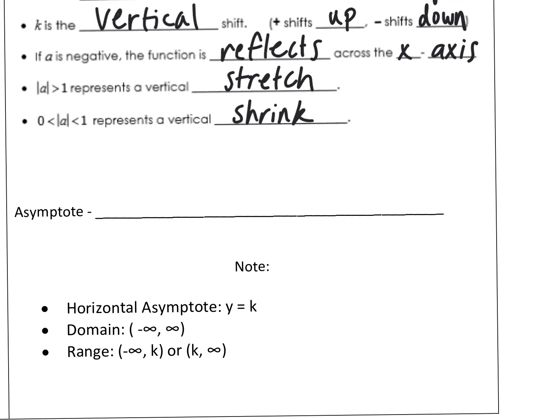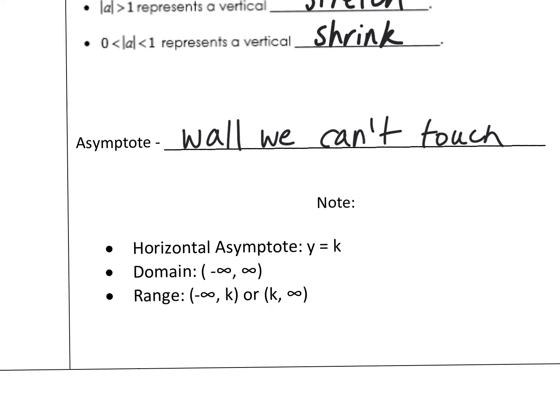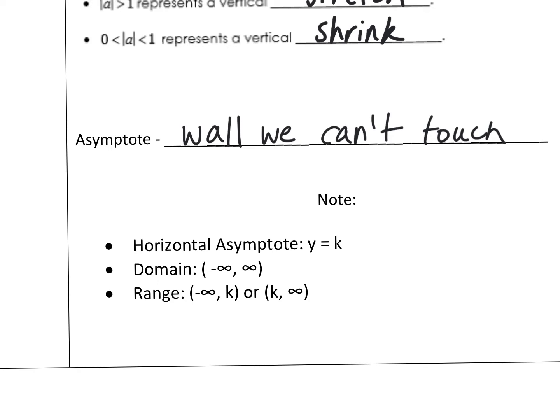Asymptote, okay? For these, we always know that an asymptote is kind of like a wall that we can't touch. We might get super close to it, but we're never ever going to touch it. It's a wall or a line that we cannot touch. When we are graphing exponentials, this is super important: there's always going to be a horizontal asymptote, and it's always going to be y equals k.